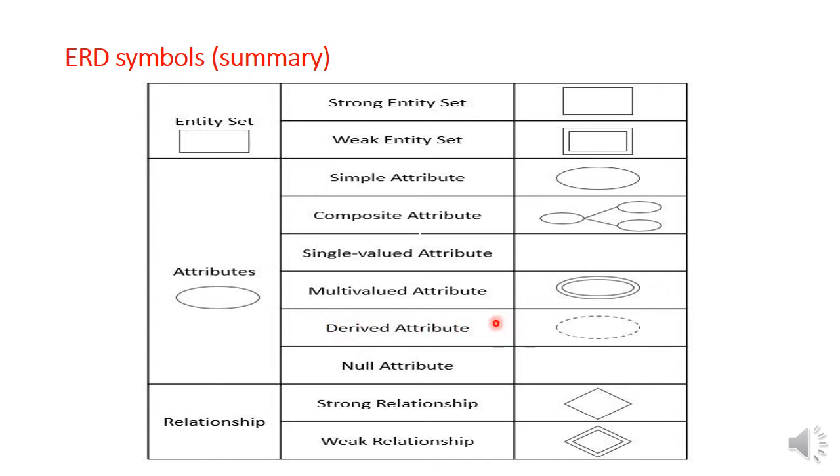A derived attribute is represented by an ellipse made of dotted lines. Null attributes and single-valued attributes do not have corresponding ERD symbols. Relationships can be categorized into two categories: a strong relationship, represented by a rhombus, and a weak relationship, represented by a set of inner and outer diamonds or rhombuses.